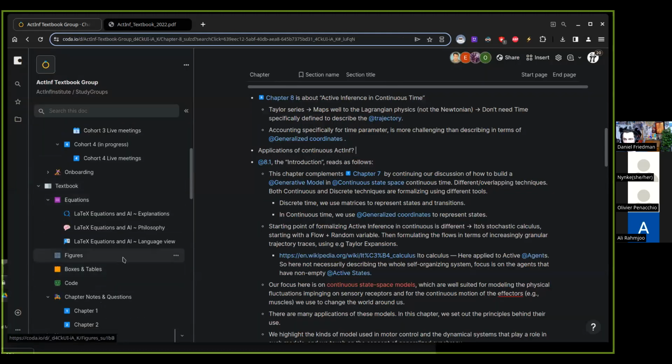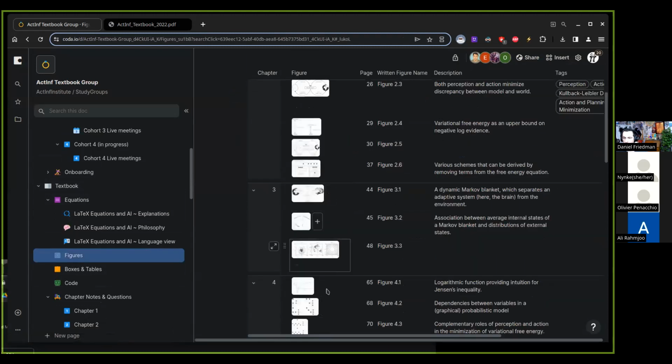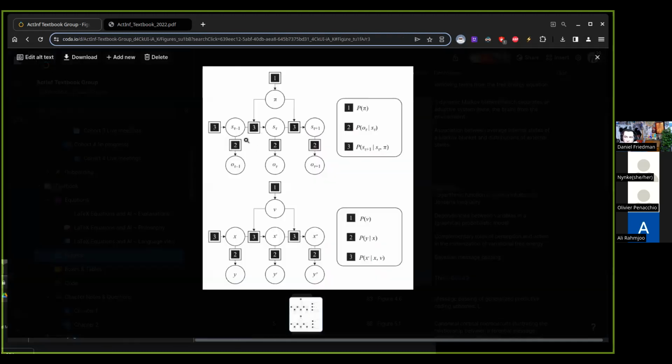From the figures, figure 4.3, recall that the discrete time and the continuous time generative models have some structural similarities. At the same time, they have important differences.